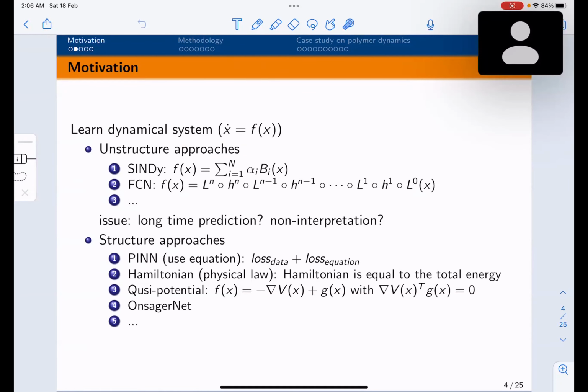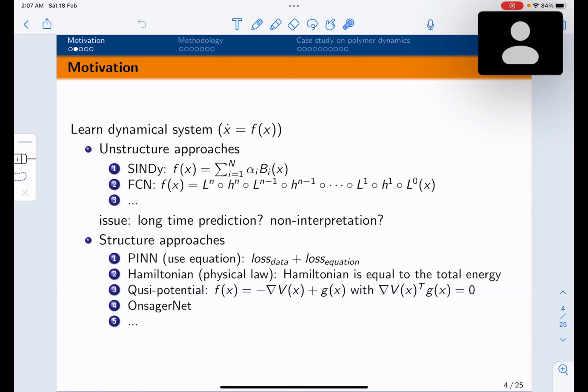I want to classify the methods for learning dynamic systems into two classes. For example, x dot equals F. One class is the unstructured approach, like the SINDy method, which uses basis functions b_i to approximate F. Another is the fully connected neural network, where L is the linear map and H is the activation function.